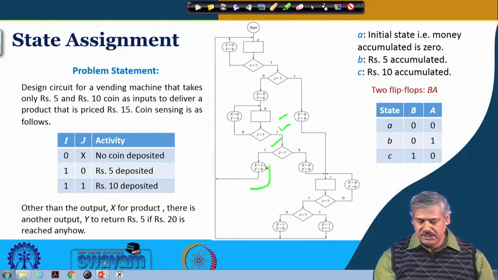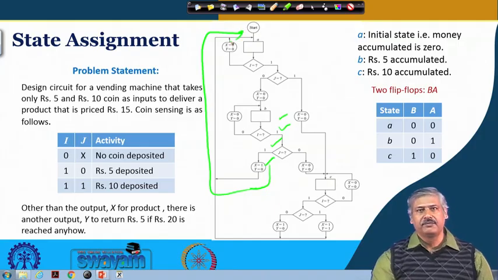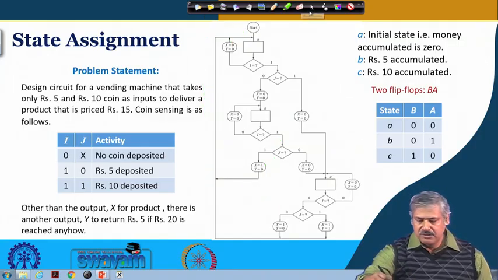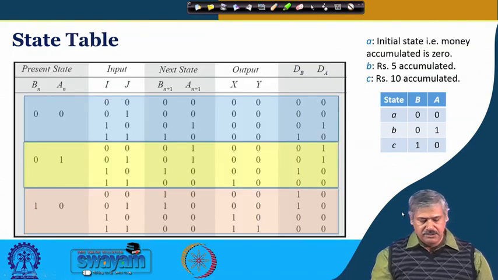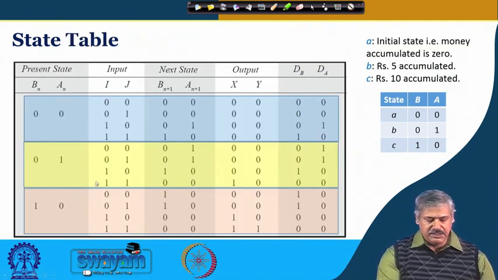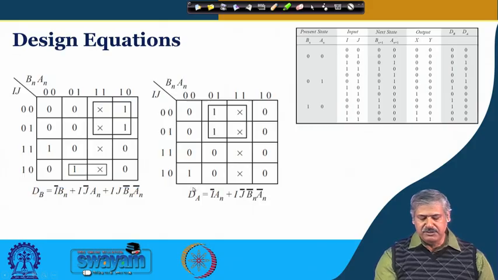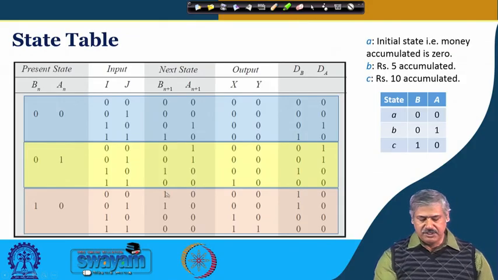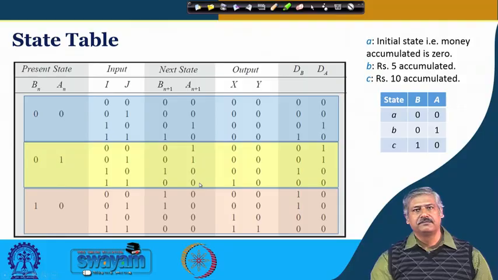What does it do? It delivers the product, X is equal to 1, and it goes to state A. So we can write that when it is at 0 1 and the input is 1 1, it is going to 0 0, that is state A. Is it fine?